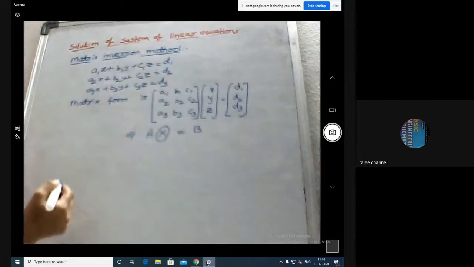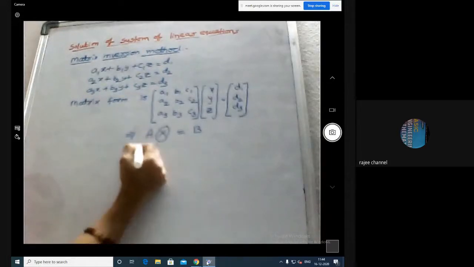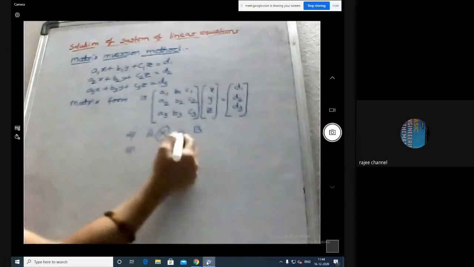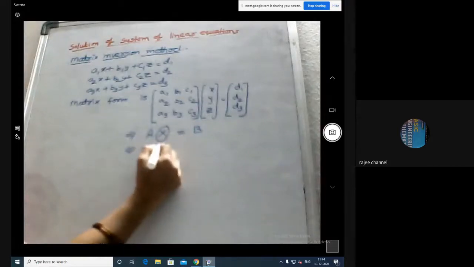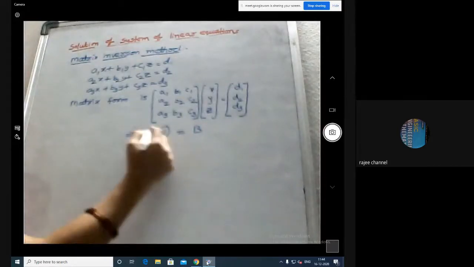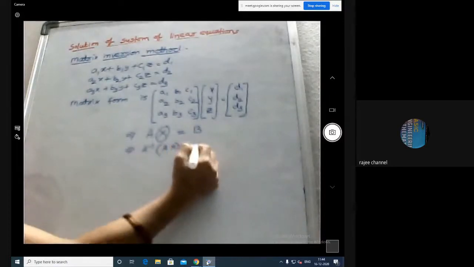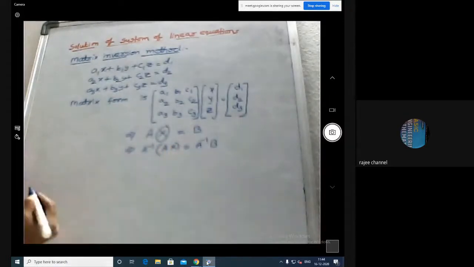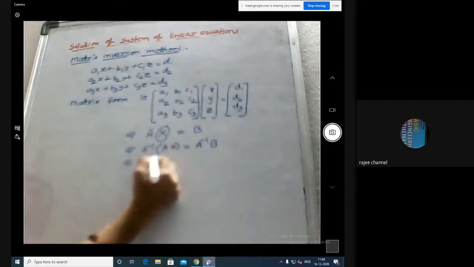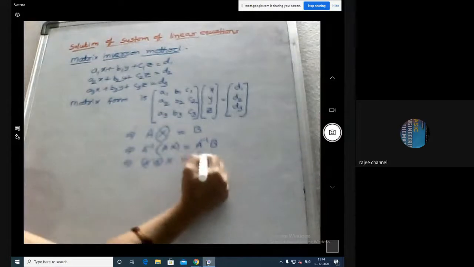First of all, we apply A inverse on both sides of the equation: A inverse into AX equal A inverse into B. So now this is A inverse into A into X equal A inverse into B.